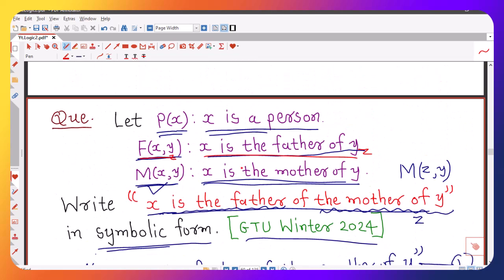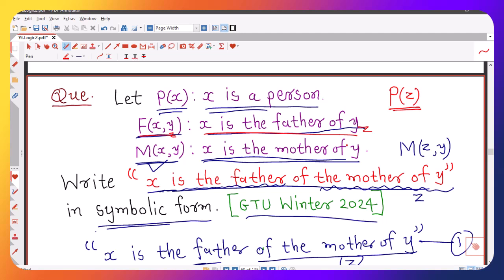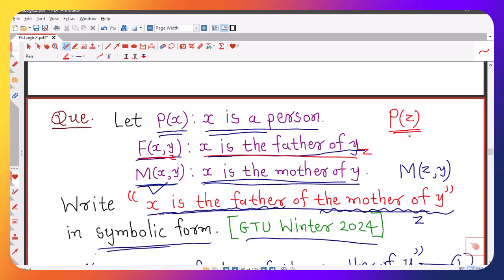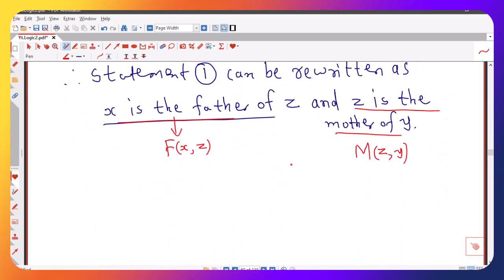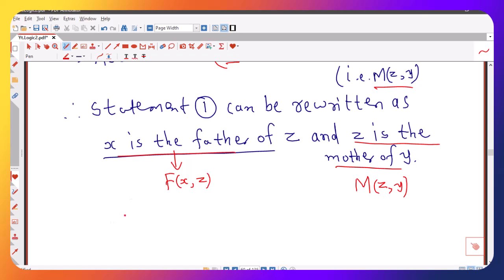That is, z is a person is denoted by P(z). P(z) denotes that z is a person, and we assume that person exists. So there exists a person z such that x is the father of z and z is the mother of y.